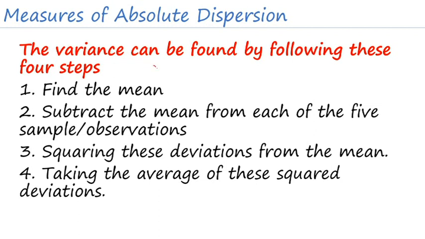Kasi naalala po natin, ang kailangan natin ay yung score. Siyempre, given yung score natin, then kukuhanin natin yung mean para makuha natin yung mean deviation, which is equal to x minus x bar, or the mean. And after that, we're going to find the square of this dun sa ating isang column, which is x minus x bar squared. Okay? And then take the average of the squared deviations.